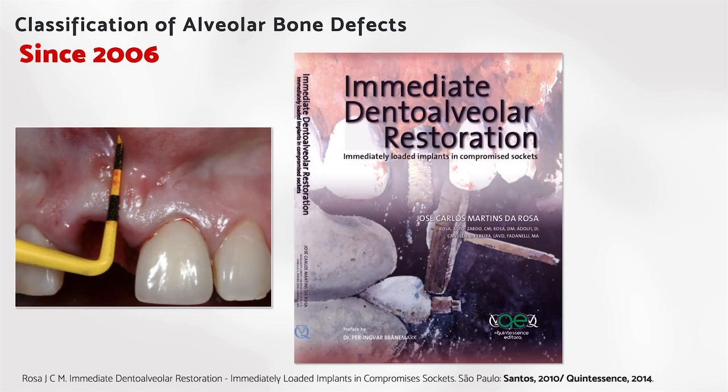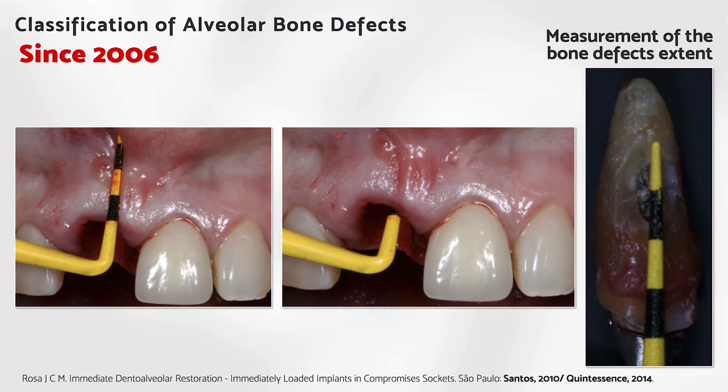Since 2006, we developed a classification of alveolar bone defects. It was written in one of the chapters of our book, Immediate Dentoalveolar Restoration. What's the main difference between this classification and the one that I showed before?